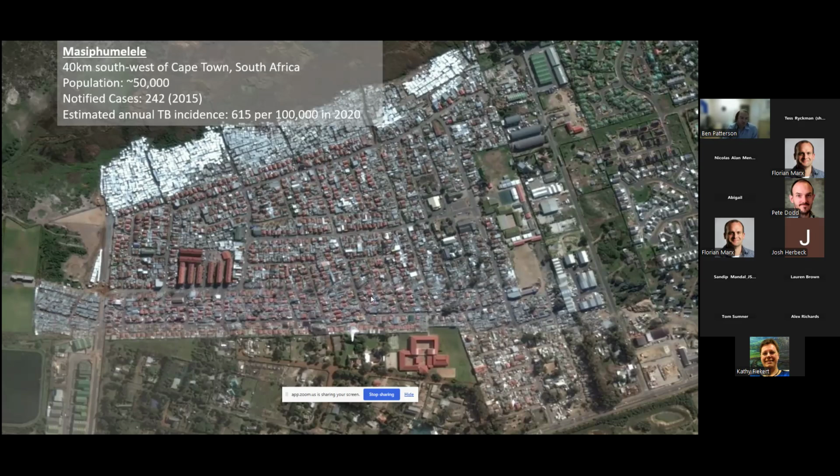We know there are really large numbers of notified cases for what's probably a population of around 50,000. The really useful thing about our setup is that the Aerosol Research Centre, where the sampling is performed, is just adjacent to the settlement. So it's a perfect arrangement for being able to recruit patients from this incredibly high prevalence setting.